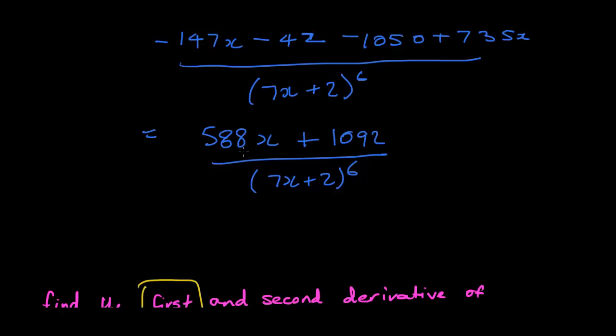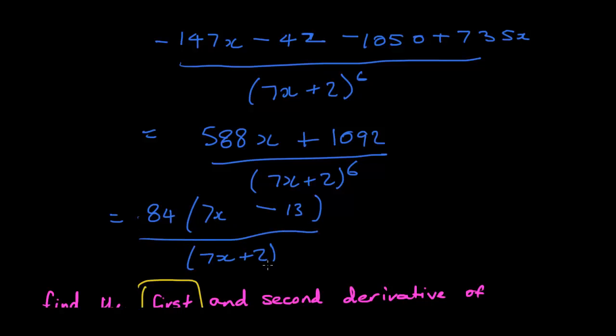I'm just going to use my calculator really quickly to divide this and see if I can get anything that I can factorize this by. Well, through trial and error, you can work out that it is 84(7x minus 13) over just the normal (7x + 2)^6.